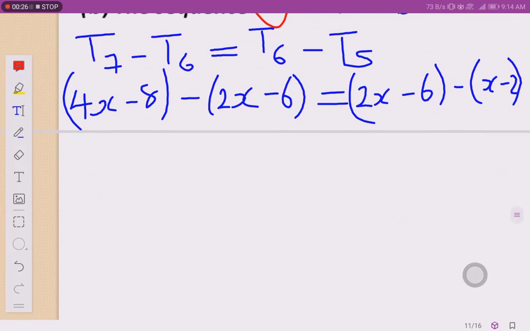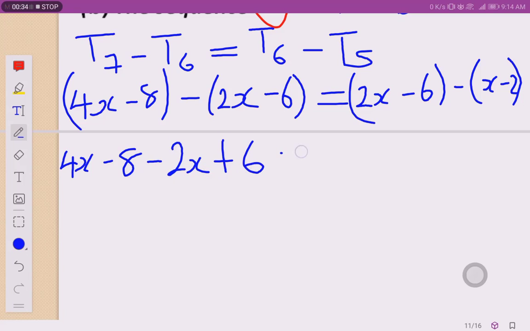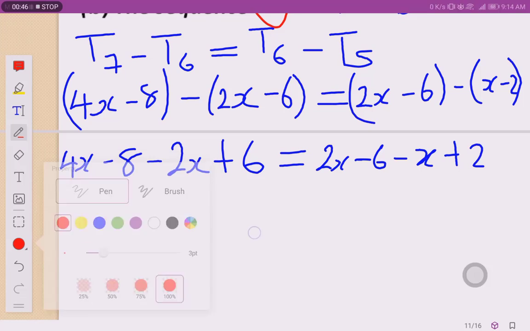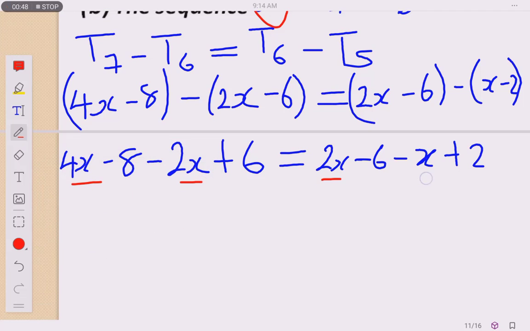I'll have 4x - 8 minus 2x, then here plus 6, is equal to 2x - 6 minus x. Let's take like terms which have got x together, and the numbers together, and see what we have.